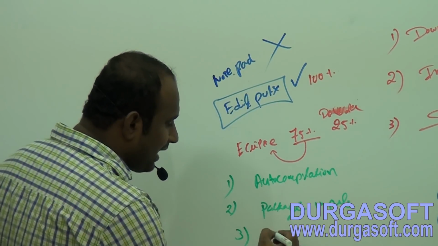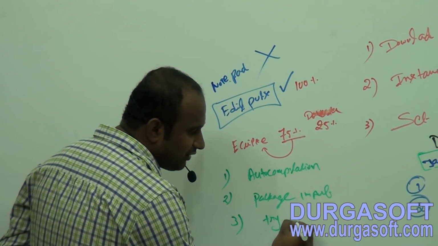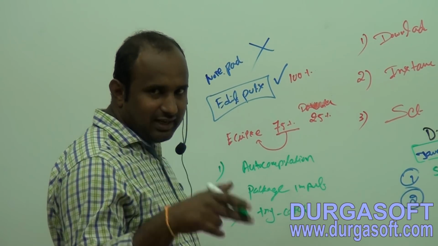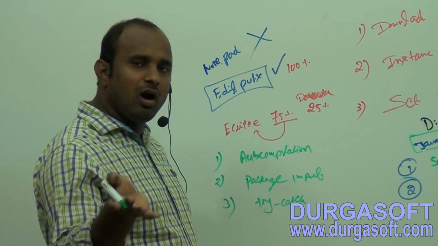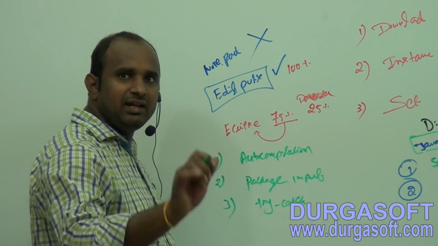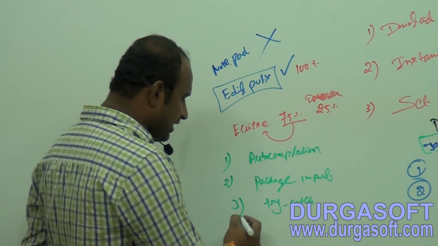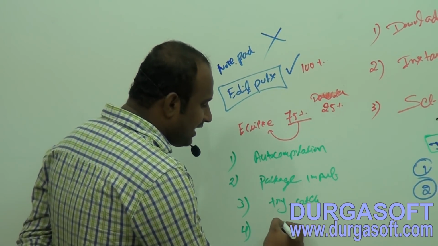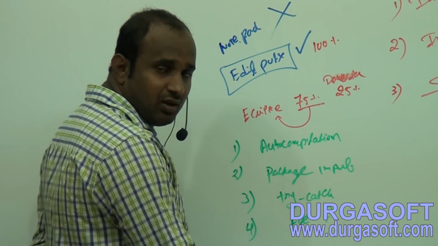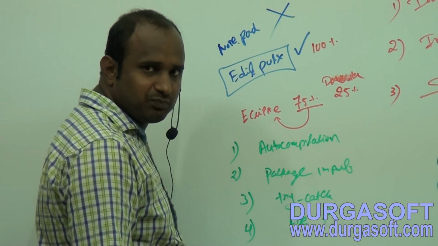Number 3: exception handling, try catch blocks generation. No need to write even a single line of code. Place the cursor, and if you want try catch blocks or the throws keyword, they are automatically generated by the IDE. Number 4: when I create a file object, or any object, the file object contains a number of methods.